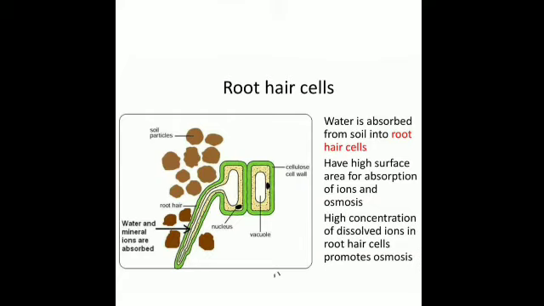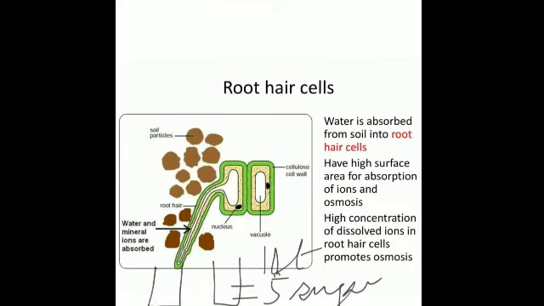Now what is the cell sap of root cells like? It is more concentrated. If something is more concentrated, it means it is containing more solute. For example, if we have 1 liter water, and in this we have 5 tablespoons of sugar, and in another we have the same amount of water, that is 1 liter, and we have 15 spoons of sugar.